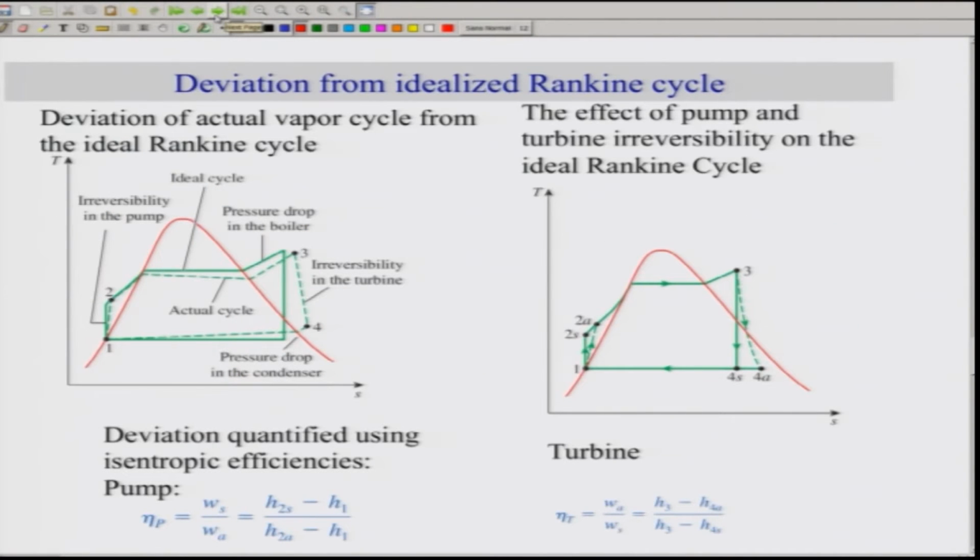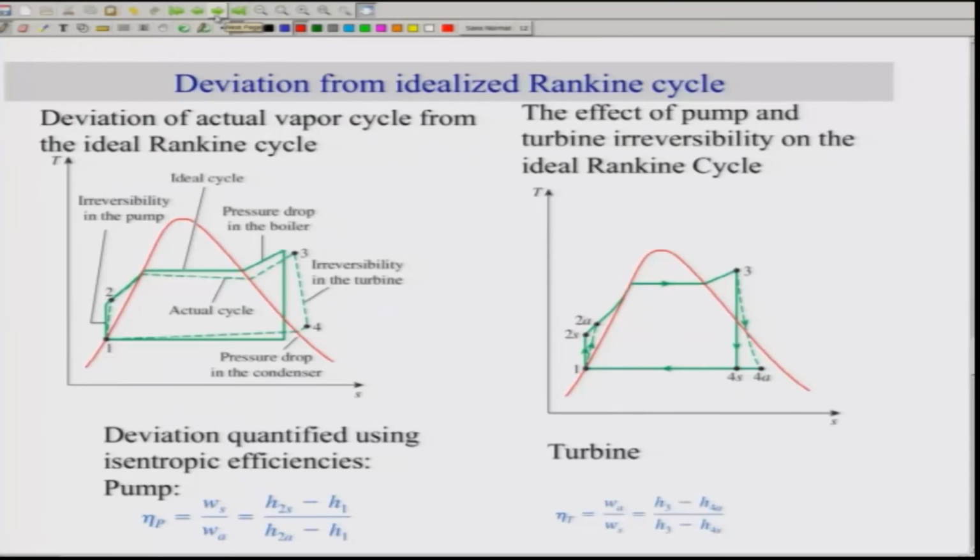Now what we discussed as of now is only the idealized Rankine cycle, but we know irreversibilities are associated with such a Rankine cycle, since many of the devices involve irreversibility. So we'll try to understand the deviation of the actual vapor cycle from the idealized Rankine cycle. Here the solid line is your idealized cycle, and the dashed line is the cycle containing irreversibility.